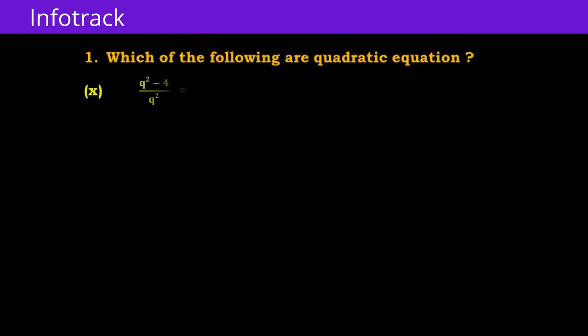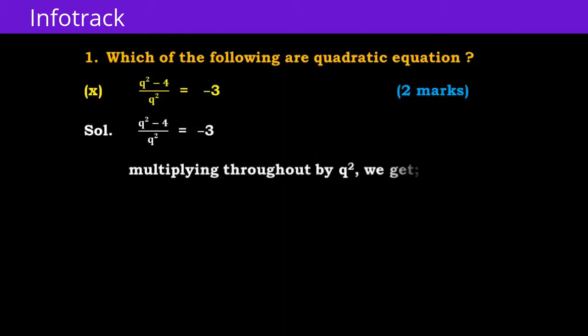Same question number 1, in that q square minus 4 upon q square is equal to minus 3. Now see, first we have to solve this and bring it in general form. Now see, in the denominator q square is not required, so we can multiply throughout by q square.